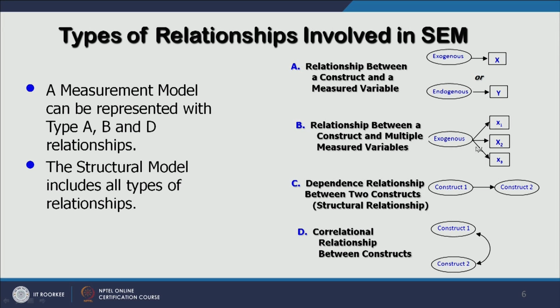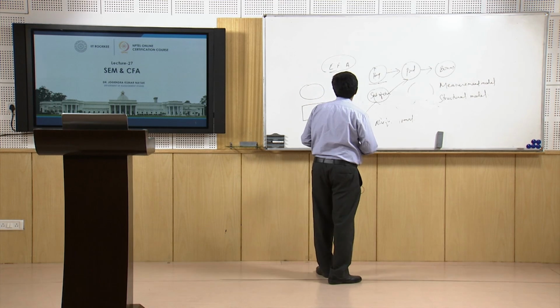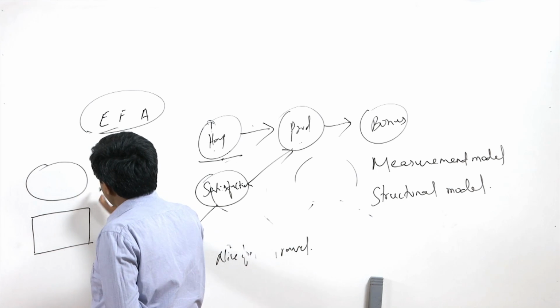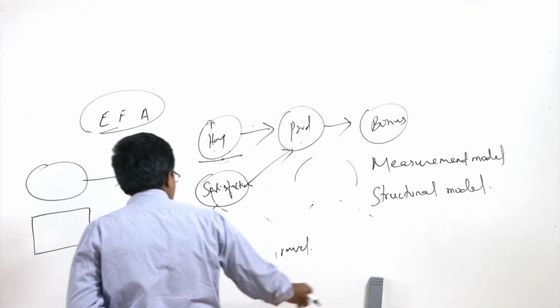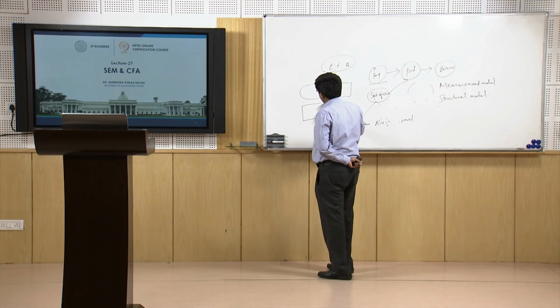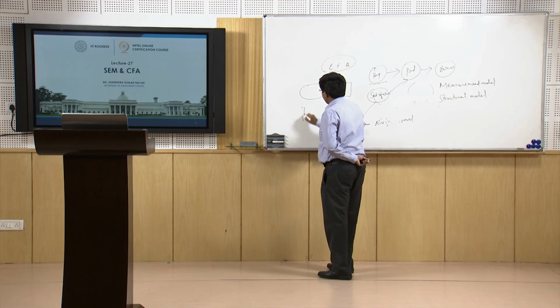For example, this one has got 3 variables, x1, x2, x3. These 3 are getting affected by the exogenous construct. Now these are two types of relationships. In one, the arrow moves from the construct to the variable, and this is one kind of relationship. Another kind of relationship can also happen in which the reverse happens.